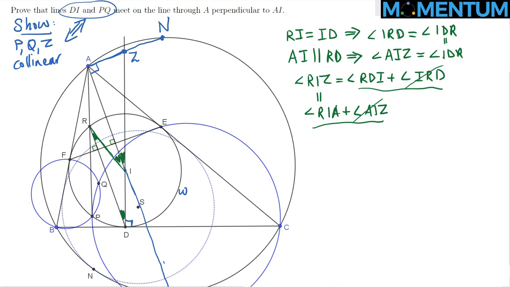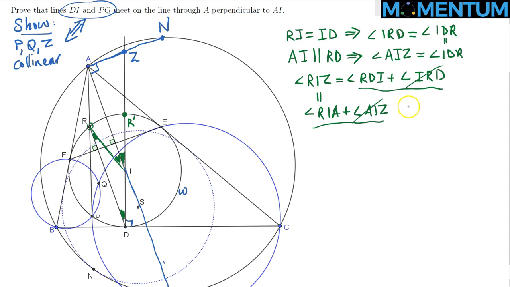So what happens next is that if you reflect R across AI, which is the angle bisector of angle BAC, that should be directly mapped onto this topmost point of the incircle omega. So if I label this point as R prime, R prime is the reflection of R across AI, but it's also the antipode of point D on the incircle, I should say.